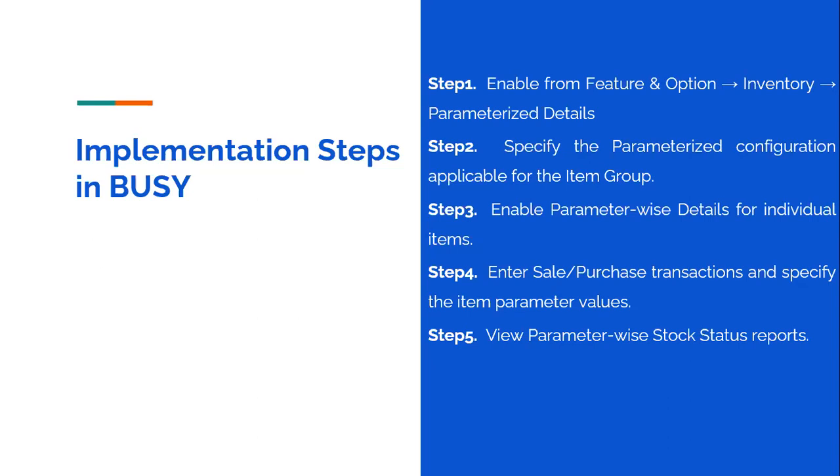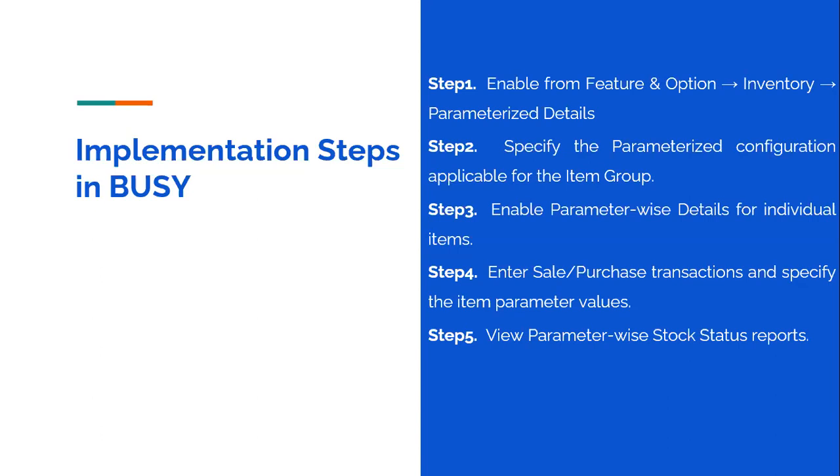In the parameter features, we will find many options, like creating the number of parameters and maintaining barcodes. We will discuss all these points in the practical session when we open the BASIC software. For now, I am just sharing the steps through which we can maintain the parameters.